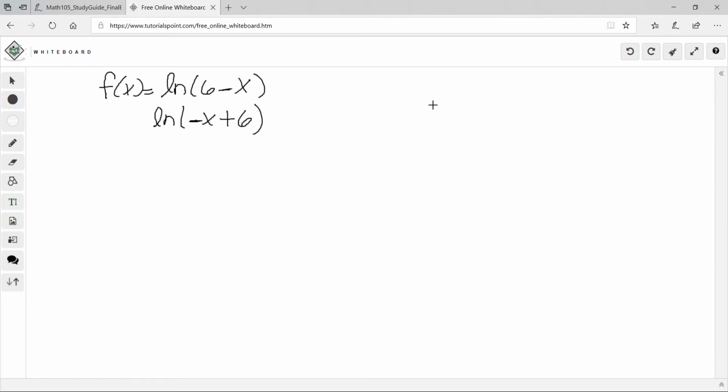So when you graph it, it's going to look something like this. 1, 2, 3, 4, 5. And then at 6, it's our asymptote, so x equals 6. There's a reflection, so it's going to look something like this, like back.